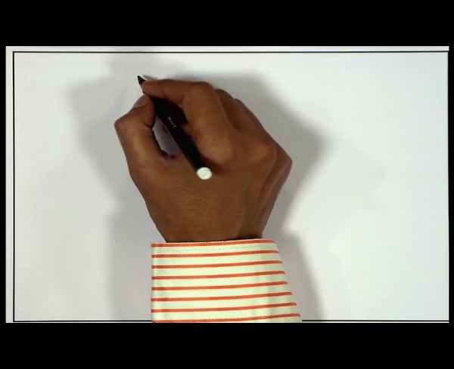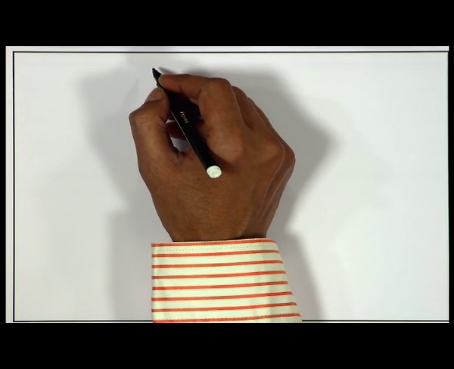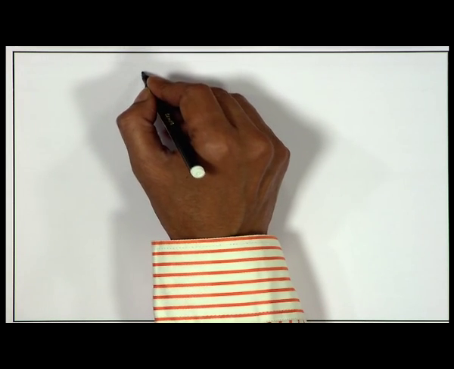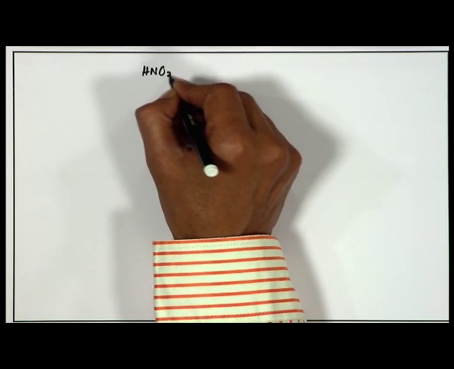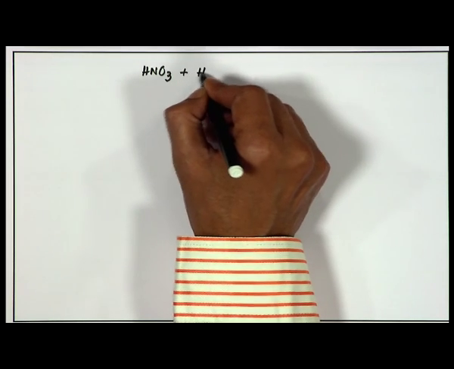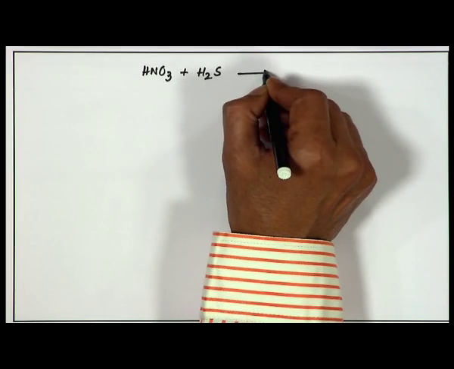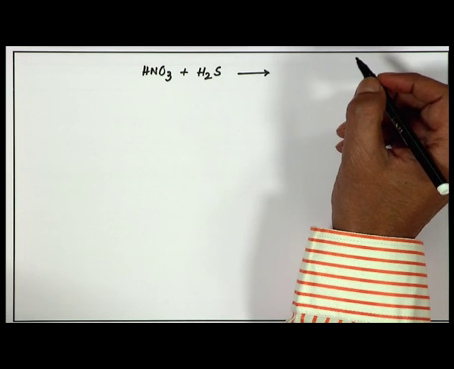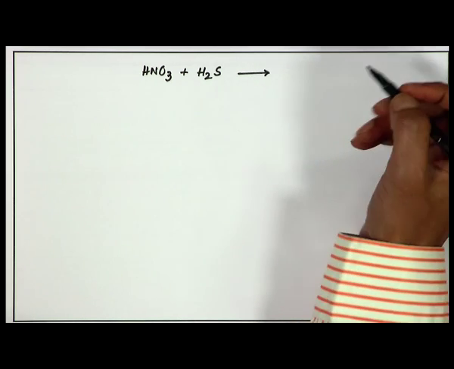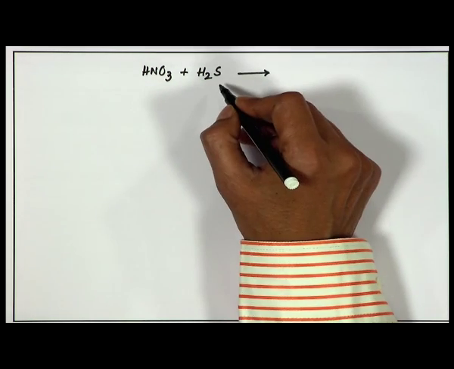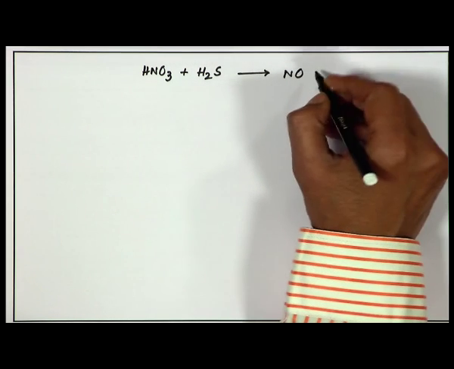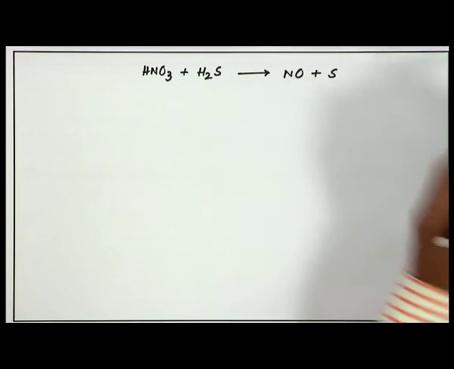So quickly we should see some examples of these balancing reactions, because we see them in redox titration. If we have nitric acid, which is the most common reagent we deal with in the laboratory, in your general chemistry textbook as well as in the experimental part, then when nitric acid is reduced by H2S, we get nitric oxide and elemental sulfur.